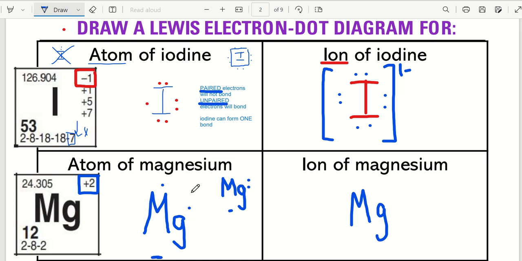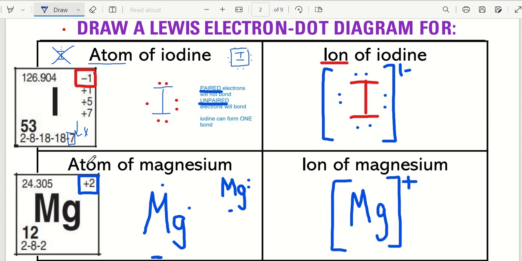Ugh, exhausting. Or it could lose 2. That's easier. It will lose 2. So here's magnesium with its 2 valence electrons lost. No dots. So how do I show that this is not just the symbol for magnesium, that it's the ion? Well, I put it in brackets and I put the charge.